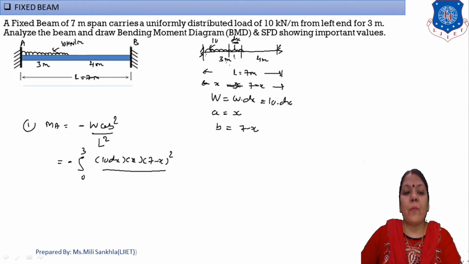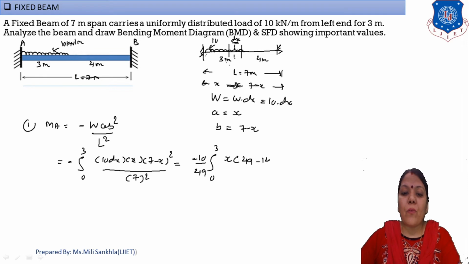L is equal to 7 meter, so 7 square. Now one by one I separate out the values: 10 and 7 square is equal to 49, so minus 10 by 49, integral of limit 0 to 3, and in the first term, that is x, expand this term (a minus b) square, that is 7 square, that means 49, minus 14x plus x square, into dx.